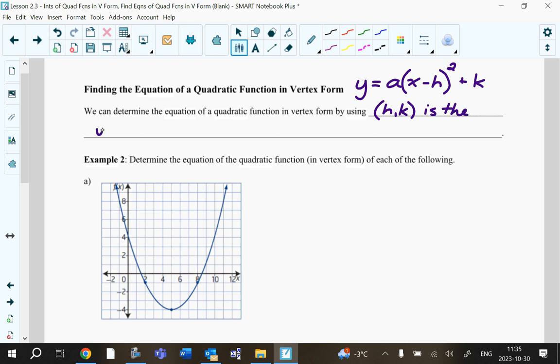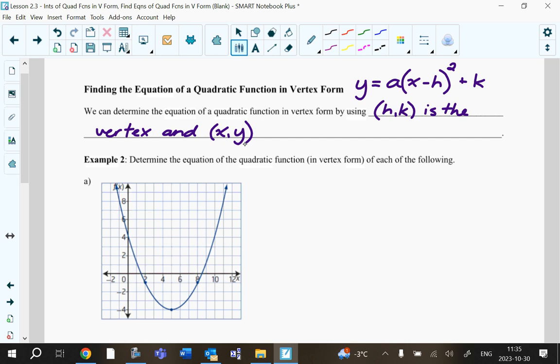So if I know the vertex, I can plug the x-coordinate of the vertex in here, the y-coordinate of the vertex in here. If I know a point on the line, x, y, any point on the line, I can plug the x-coordinate of that point in here, the y-coordinate of that point in here.